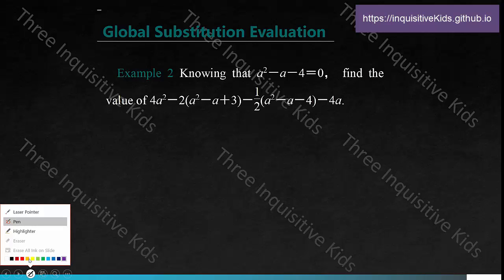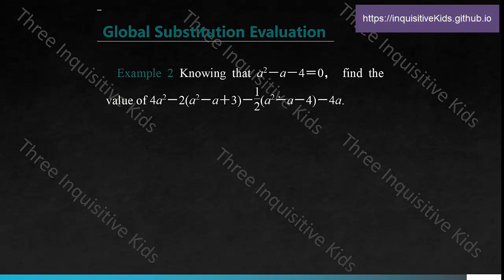So how it did was you first could see that this was a squared minus a minus 4. This we already know is 0. Okay? We already know that's 0. So it would be equal to 4a squared minus, let's just first multiply this in using distributive property.